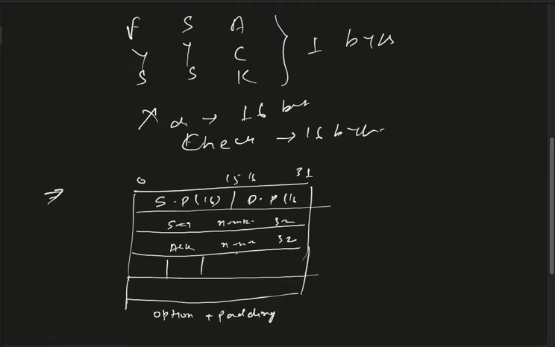Window is 16. Data offset and reserved. Look, data offset and header length are the same thing, it is 4.